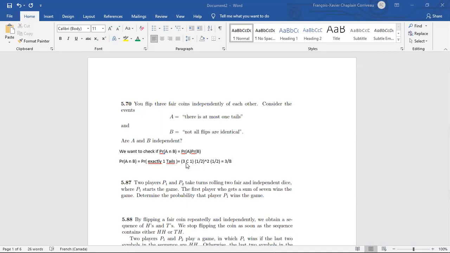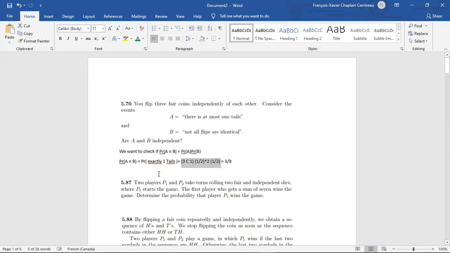Three choose 1 is choosing which flip is going to be the tails. If you don't like this approach, think about how many strings of length 3 with exactly 1 tail you can make. Well, the first task that you do is choose a position for your tail.